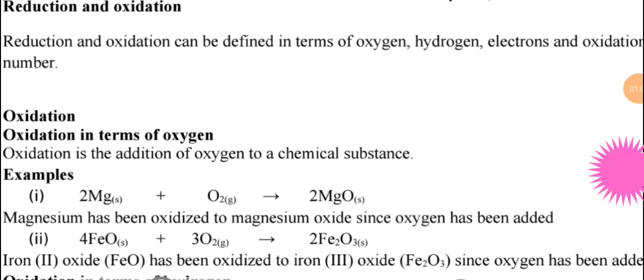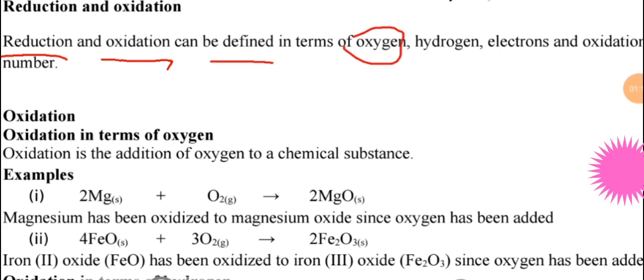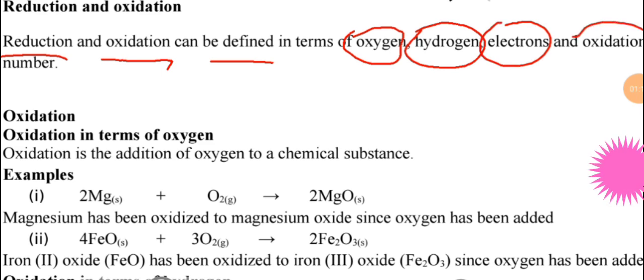We are saying reduction and oxidation can be defined in terms of oxygen, hydrogen, electrons, as well as oxidation number. So we have four main ways in which reduction and oxidation can be defined.